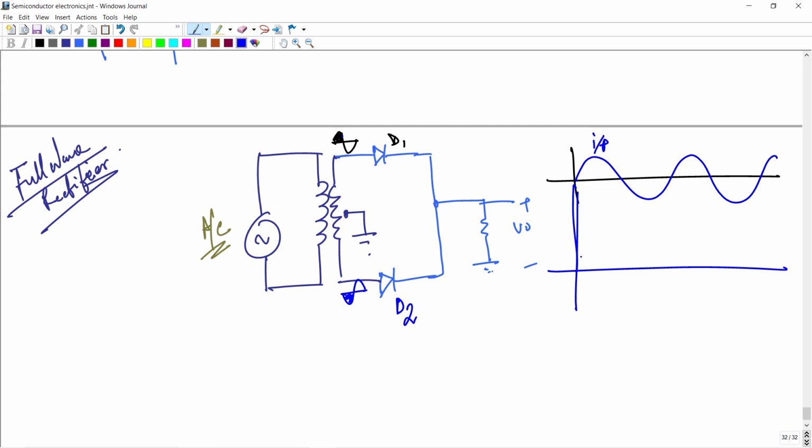So in the first case D1 is in forward bias, and in this portion D1 is reverse bias. Again D1 is forward bias, D1 is reverse bias.